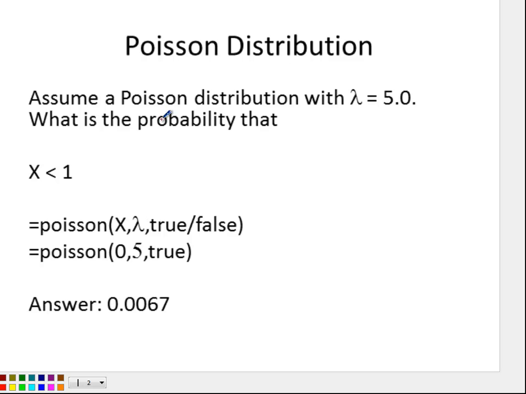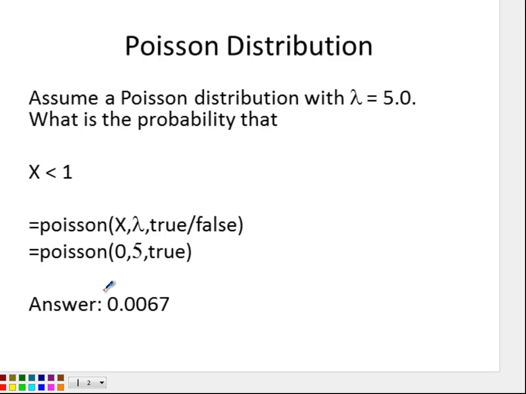The next problem, we want to figure out the probability that x is less than 1. Well, there's a trick here because we don't have a command for Excel that would give us less than 1. We know that if it's less than 1, then that must mean it's less than or equal to 0.